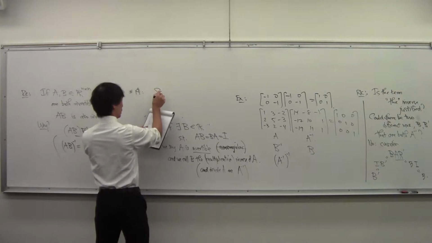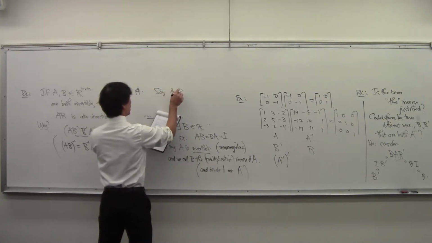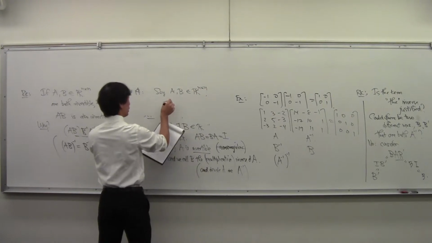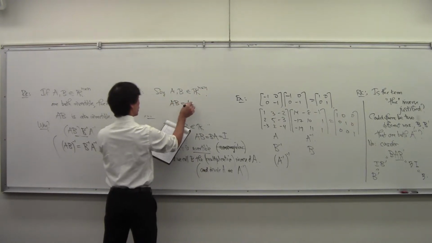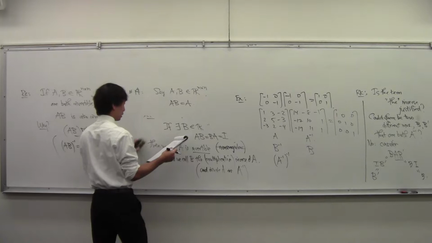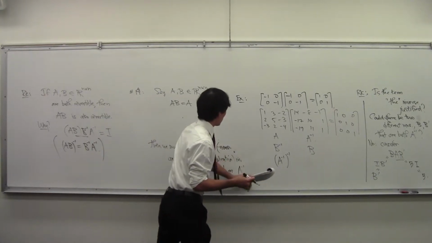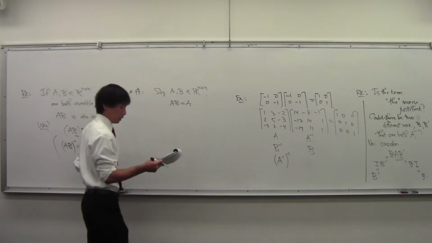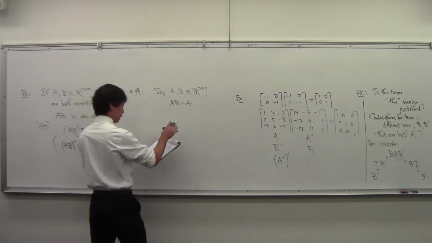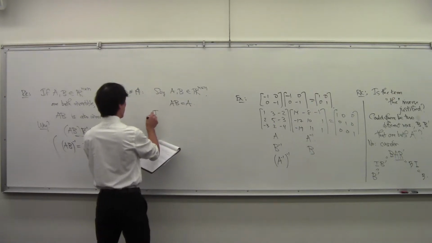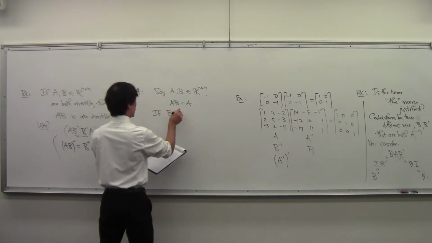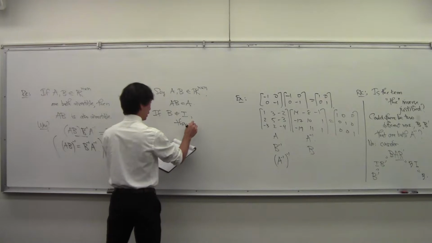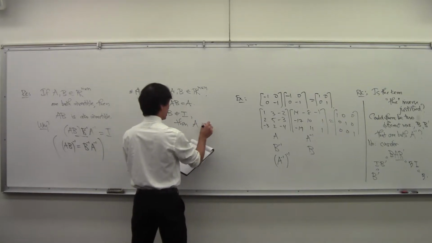Suppose that A and B are n by n matrices, and AB is equal to A. Then if B is not the identity matrix, then A is not invertible.